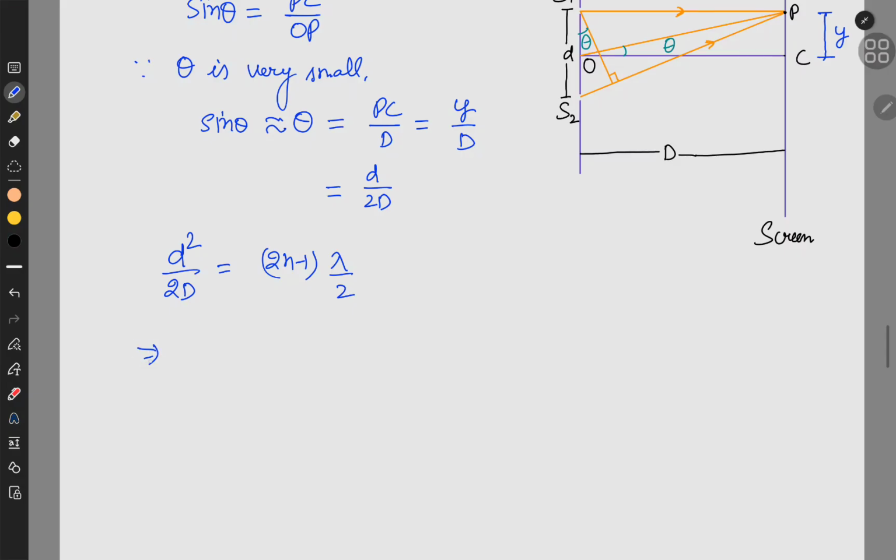On simplifying it, we can write lambda equals d squared divided by D times (2n minus 1).